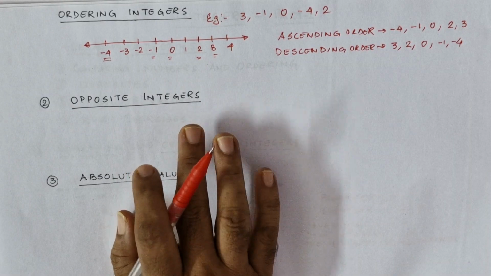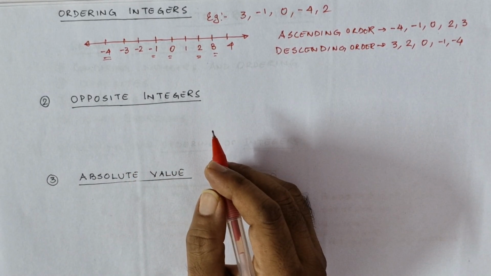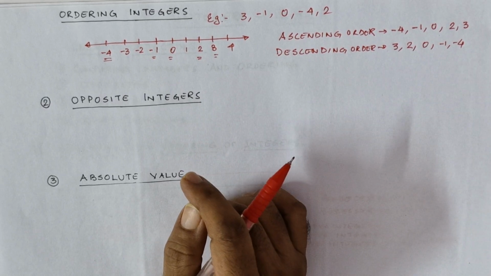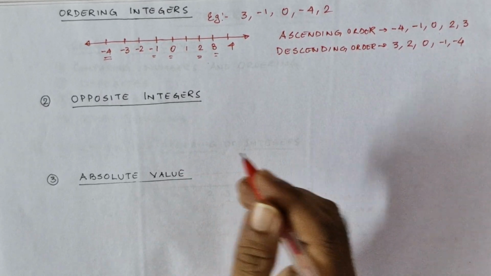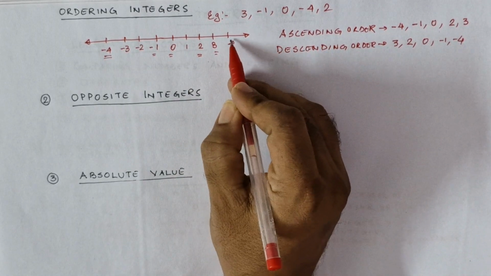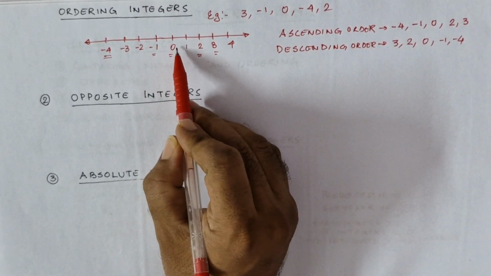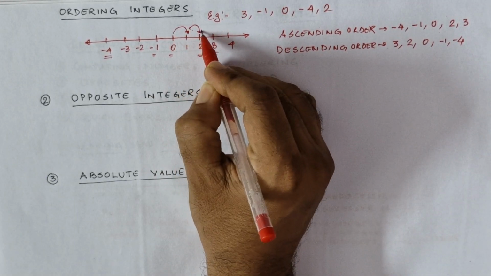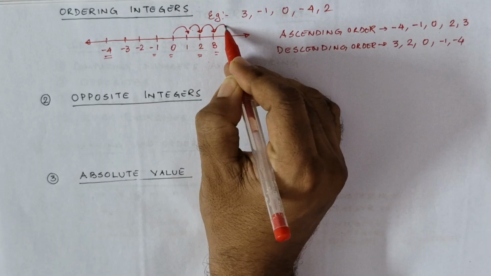Now what are opposite integers? The opposite of a number is at the same distance from 0 but on the other side. Got it? For example, see 4 here, right? From 0, you have to go 1, 2, 3 and 4.